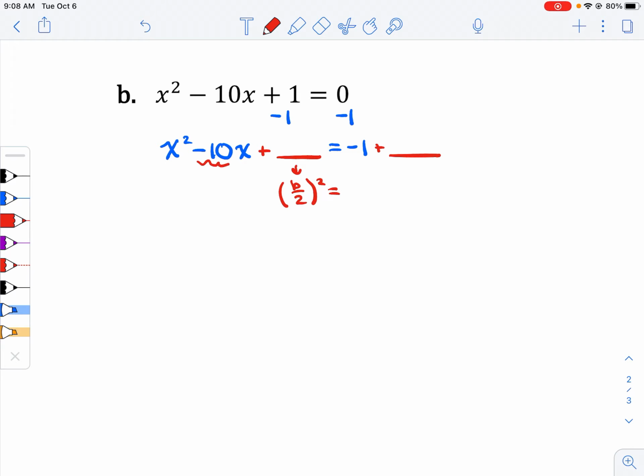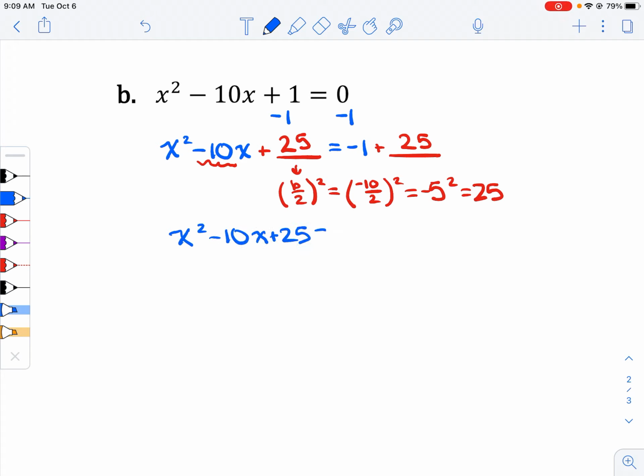In this case, b is negative 10. So I have negative 10 over 2 squared, which is negative 5 squared, which is 25. So I'm adding 25 to both sides. So I will have x squared minus 10x plus 25 equals 24.